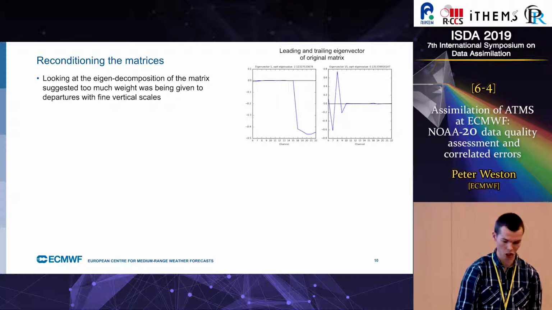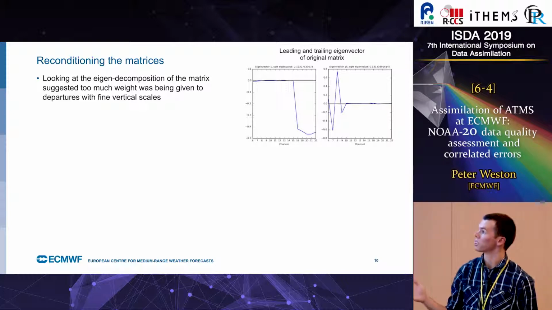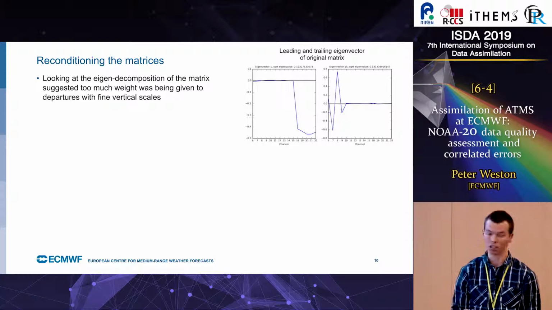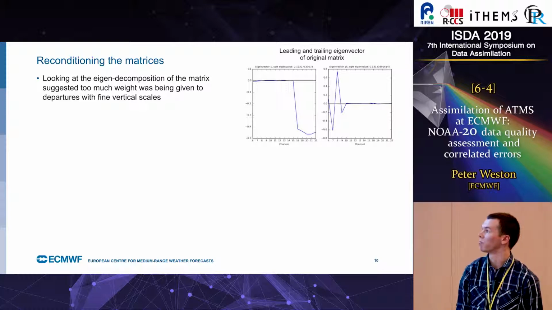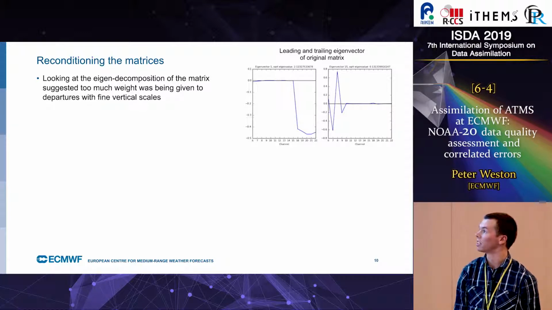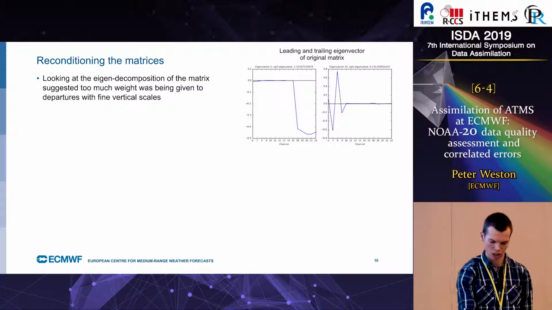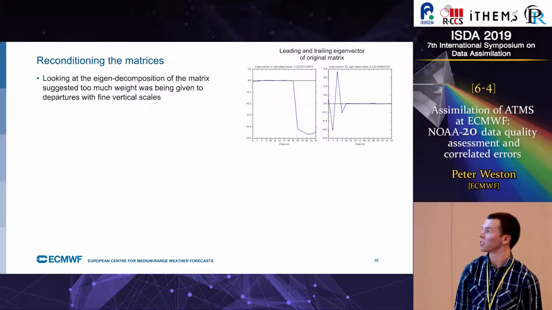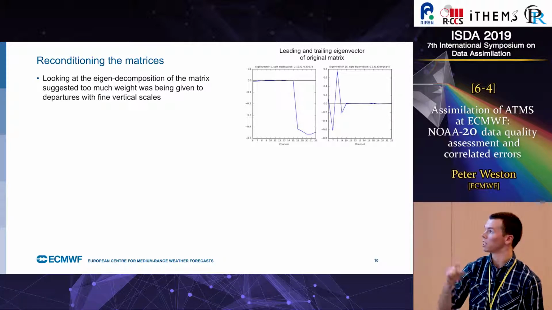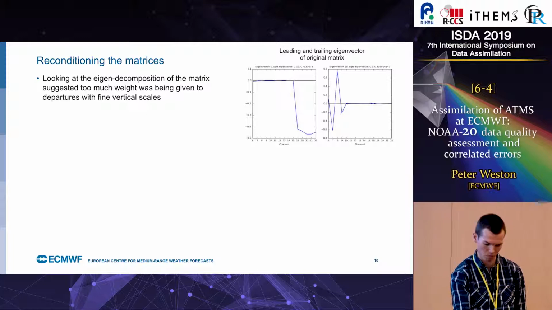So that's a good thing. On the right, we see this kind of harmonic structure, which Alan was also seeing in the EASI humidity sounding channels, but these are for the tropospheric temperature sounding channels. And it doesn't look like a very realistic picture where you've got neighboring channels with completely opposite signs.